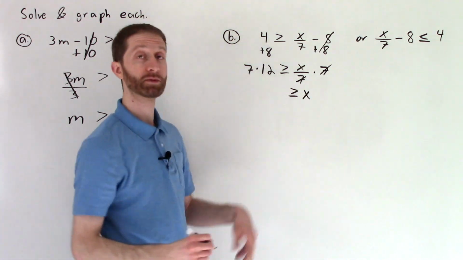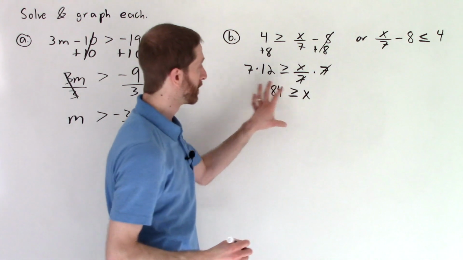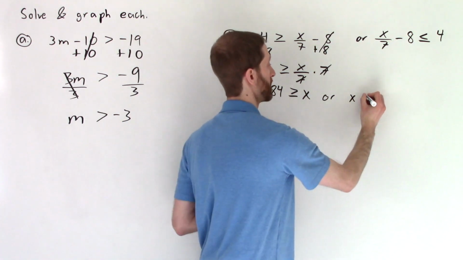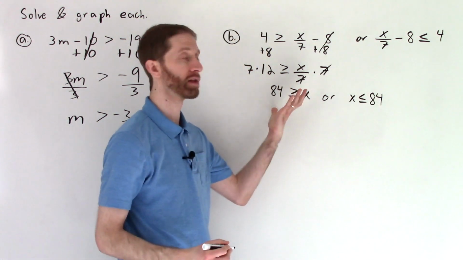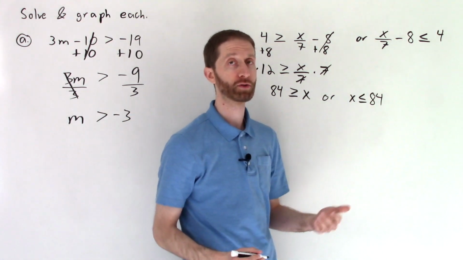And then we have 7 times 12, 84. So I like to write my answer as x is less than or equal to 84. I have not switched the signs, I've merely turned it around so that we're reading it from the variable to the number from left to right.